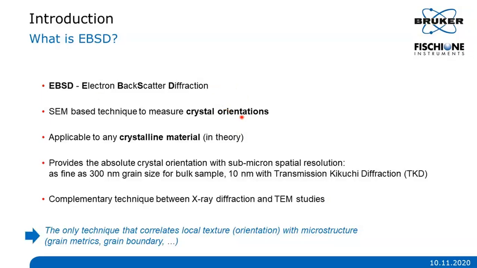It can resolve grain size as fine as, let's say, 300 nanometers for bulk samples and 10 nanometers grain size for electron transparent samples using transmission Kikuchi diffraction technique. Because it's SEM-based, it correlates the material texture with the microstructure, and therefore it's a complementary technique for XRD and TEM studies.